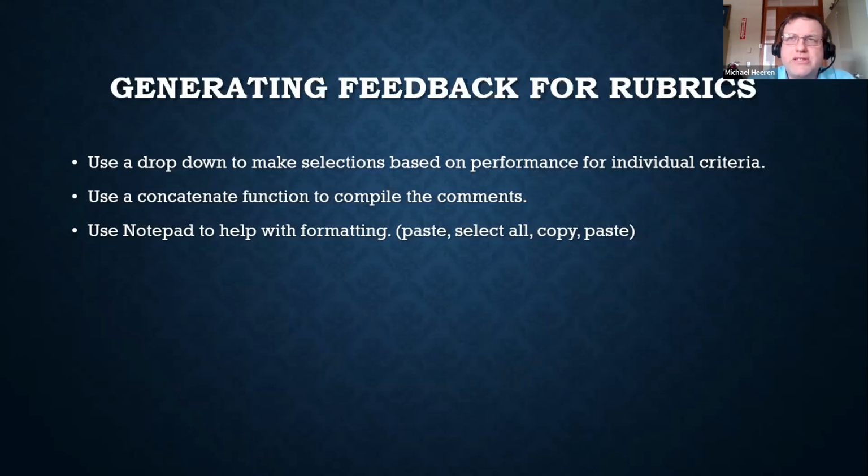I remember these common phrases or pieces of information I'd like to share with my students, and I create a spreadsheet to help me generate those. And what I have is a drop down to say, how did the students do on this criteria, that criteria, whatever. And it's using some if statements inside of Excel, and it's concatenating some sentences, making some feedback, puts it all together.